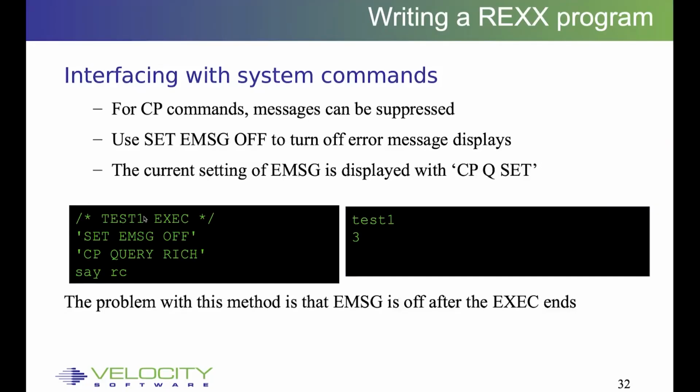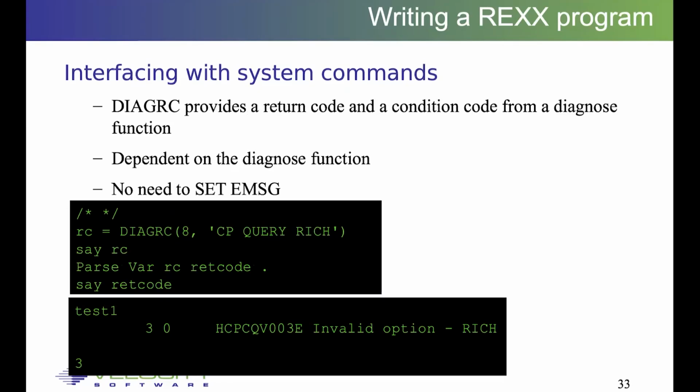So building on this exec, we can set EMSG off, issue our command, display the return code, and the error message is now gone. The problem with this method is that EMSG is still off after the exec ends. So we have to be very careful if we're going to do something like that.